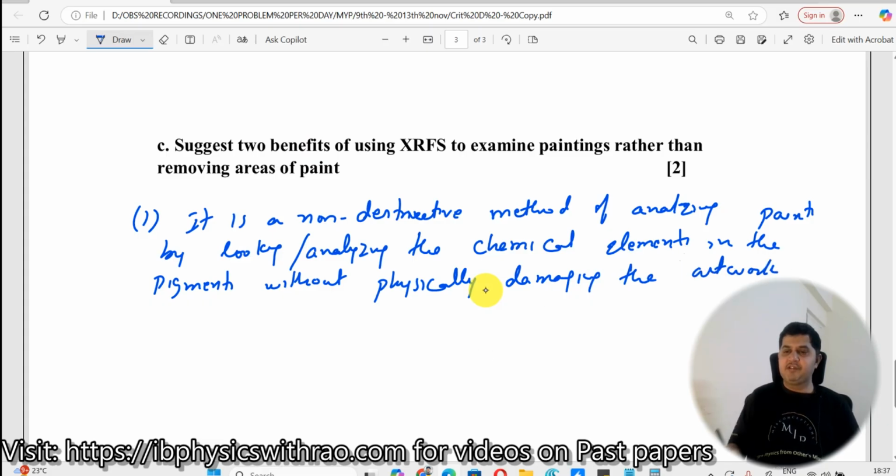Otherwise, what people used to do is take a small spatula or something, remove a part of the paint and then analyze it. But it will definitely destroy the artwork. So one has to preserve it, so this would be a better one.